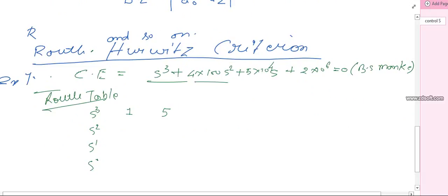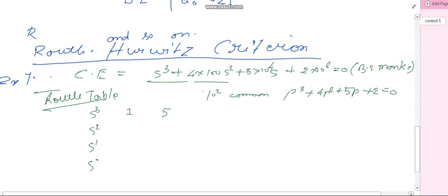Okay, this we can simplify as 10 square to be common, so this can be p cube plus 4p square plus 5p plus 2 is equal to 0.